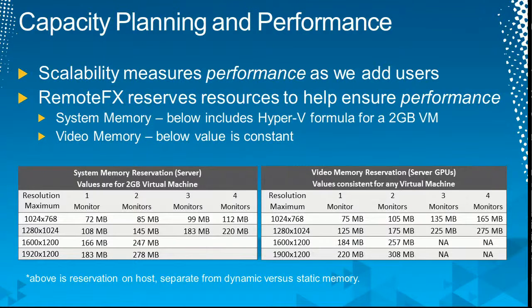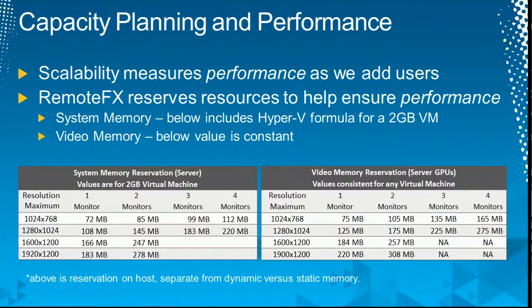With RemoteFX, we've also included the additional operations that we're taking, and we've increased it by a couple megabytes. And the resulting table is for, on a 2 gigabyte virtual machine, this is the amount of system memory that you would reserve with every VM. So this is a standard root reserve, is what they call it in Hyper-V.